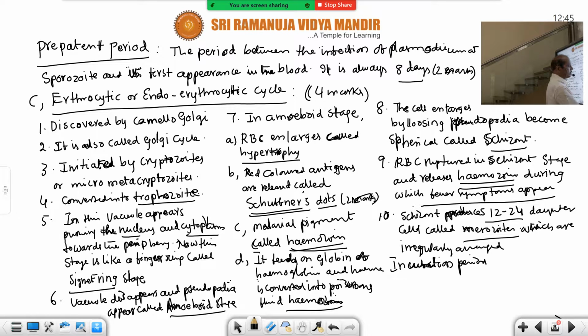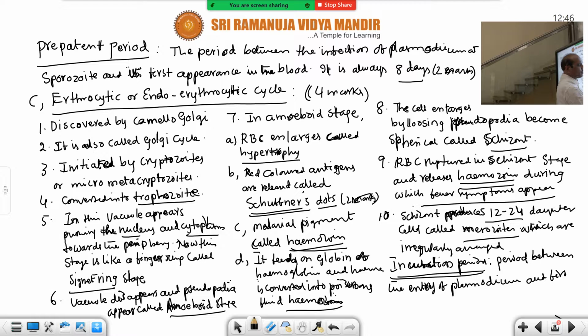Let us define: a period between the entry of Plasmodium and the first appearance of fever symptoms.